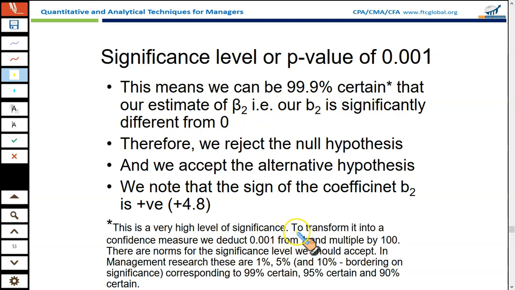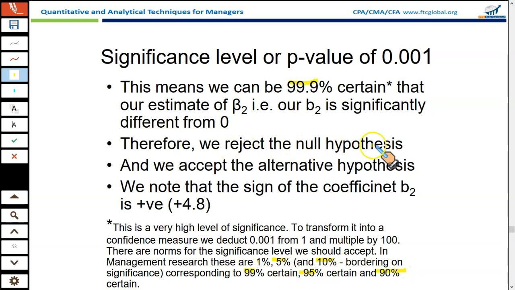Here we have some instruction. To transform it into a confidence measure, we deduct 0.001 from 1 and multiply by 100 to get 99.9. Right? So these are norms for significance level and we should accept it. In management research, these are 1%, 5% and 10%, which means 99% certain, 95% and 90% certain.